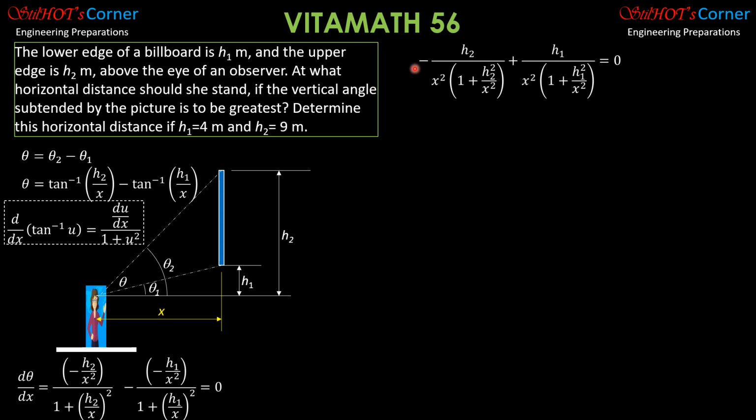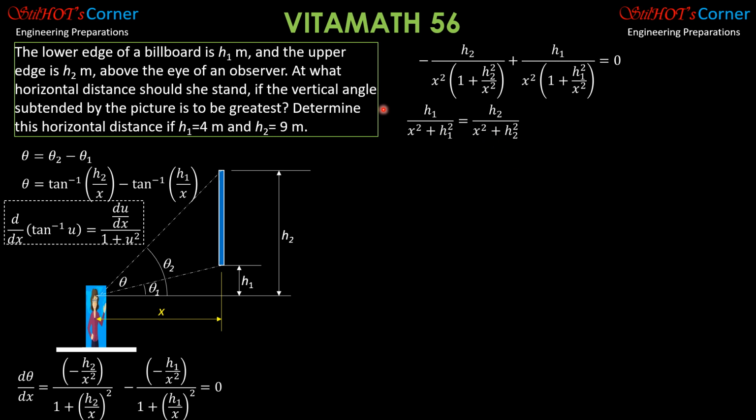So we then transpose this to the right, so this becomes positive. At the same time, we distribute x squared. So on the left side, what remains is h1 over x squared plus h1 squared equals h2 over x squared plus h2 squared.